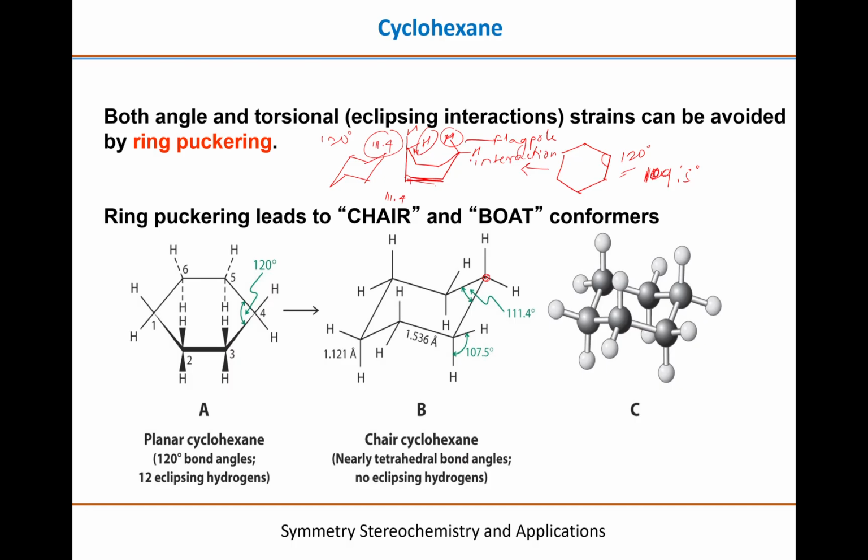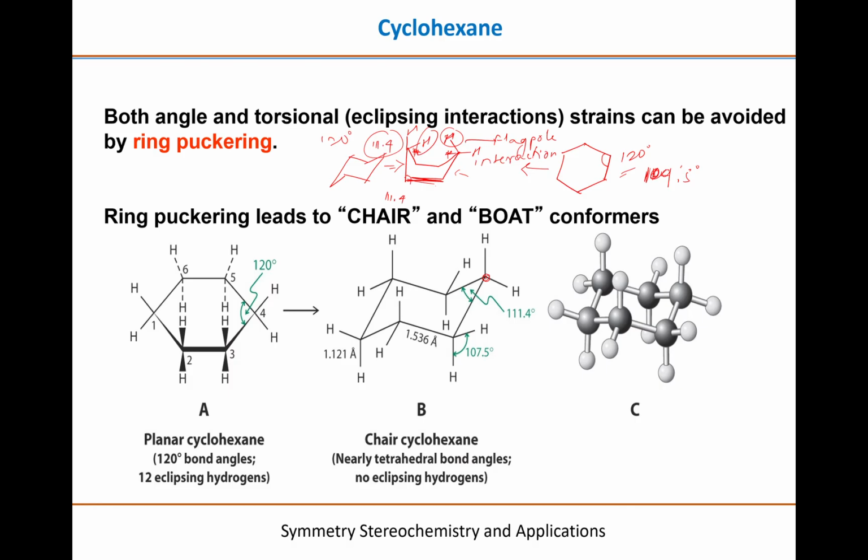Here I am marking a star here. These two carbons are eclipsing each other if I look from this or this side, either side. But in the chair conformation, all the carbon atoms are staggered to each other, and they are not eclipsing, and nearly tetrahedral angles are there.